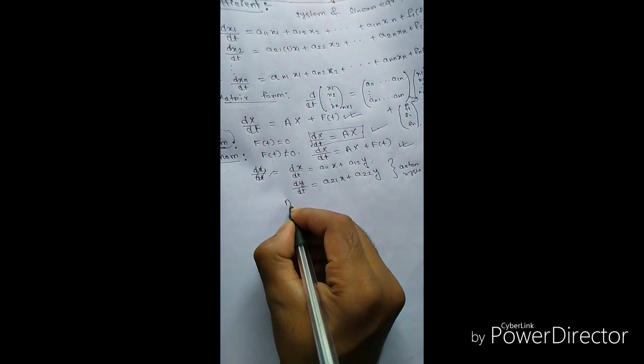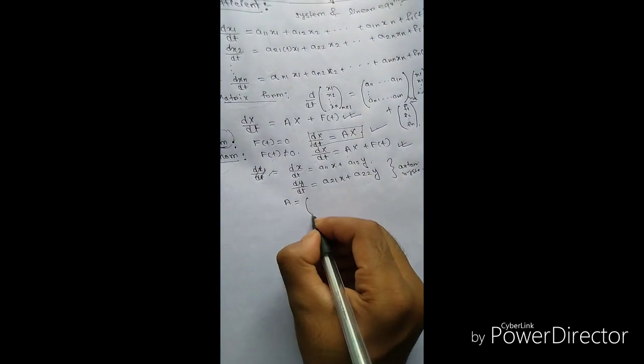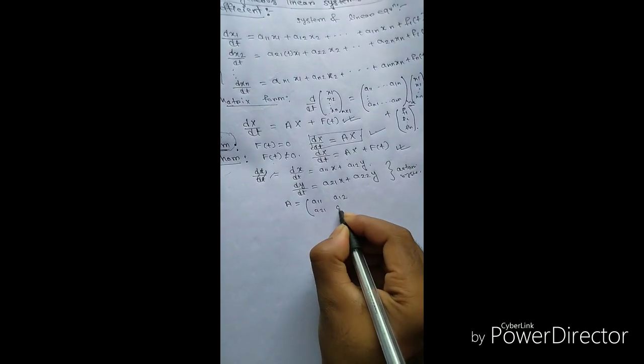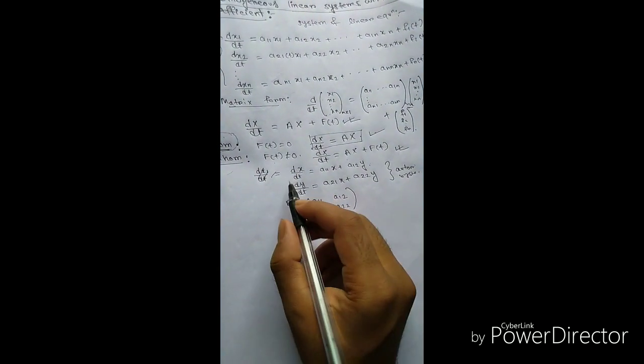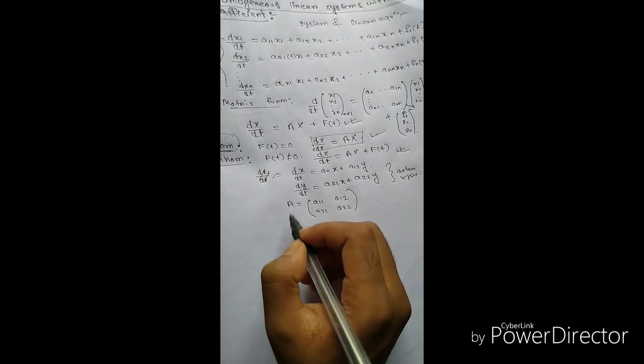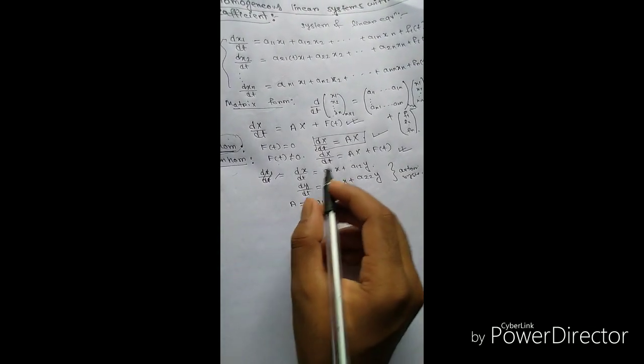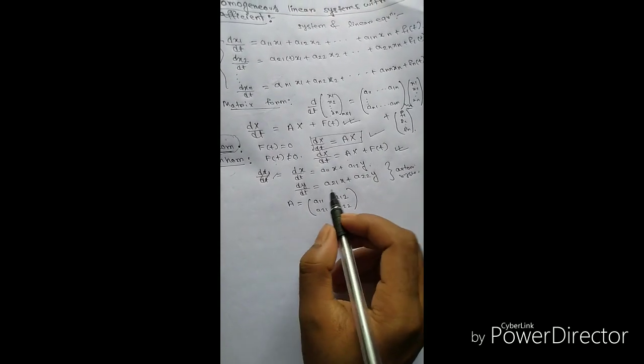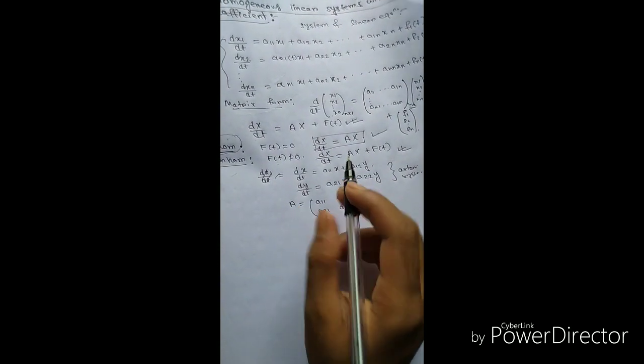This is an autonomous system, right? Here A has entries a11, a12, a21, a22. You can also take a 3 cross 3 matrix. Basically we discuss an autonomous system and how to calculate the solution of this system.